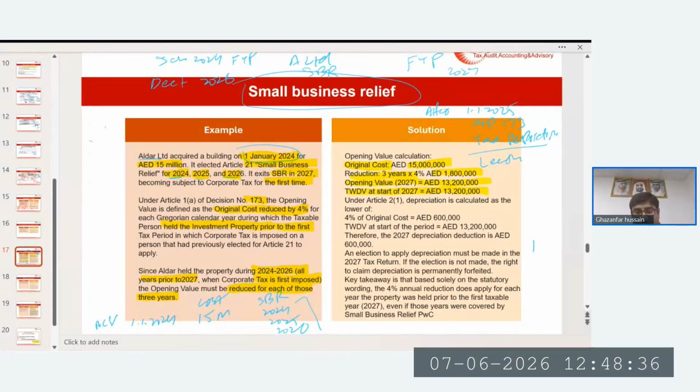Although if we go by the previous concept, as the general concept, our tax has already started over here, but we are opting for the SBR.